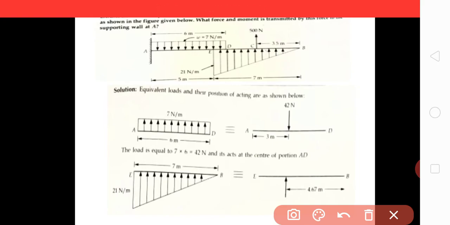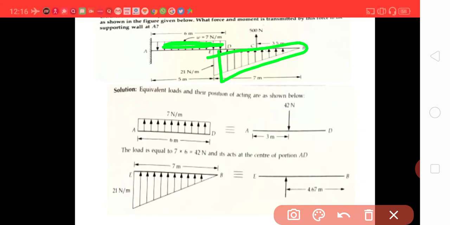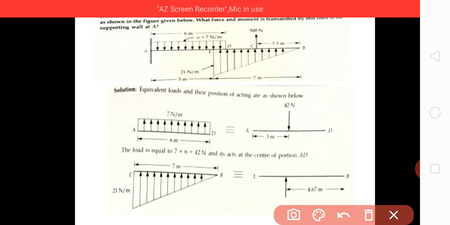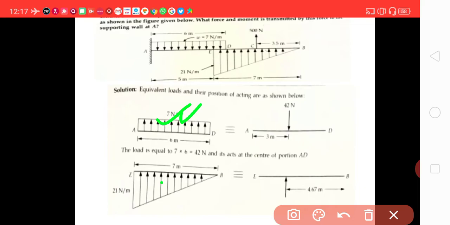This is the UDL, uniformly distributed load, up to this line. From here to here, it is UVL, and this is a point load acting upon it. Now, first of all, we have to convert this uniformly distributed load into a point load.